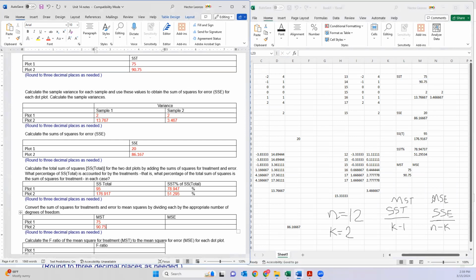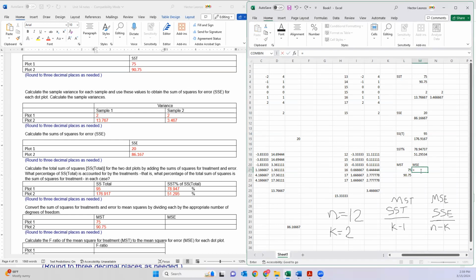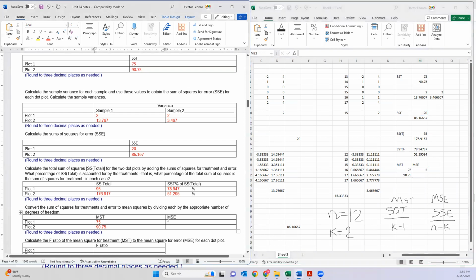Now for my MSE, for plot 1, let me go equals, what was the SSE? It's right here, 20 divided by N minus K. So that's 10, right? N is 12, K is 2, so 12 minus 2 is 10. So my MSE for plot 1 is going to be 2.